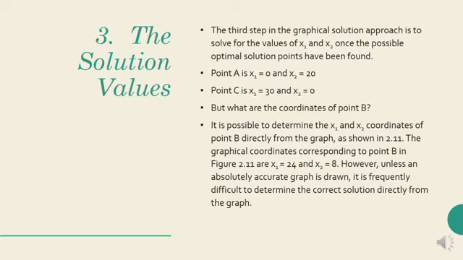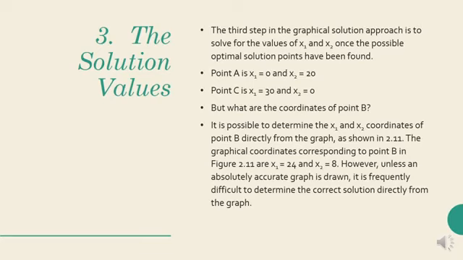So, point A is equal to x1 is equal to 0 and x2 is equal to 20. Point C is x1 is equal to 30 and x2 is equal to 0. The question is, what are the coordinates of point B? It is possible to determine the x1 and x2 coordinates of point B directly from the graph as shown in 2.11.